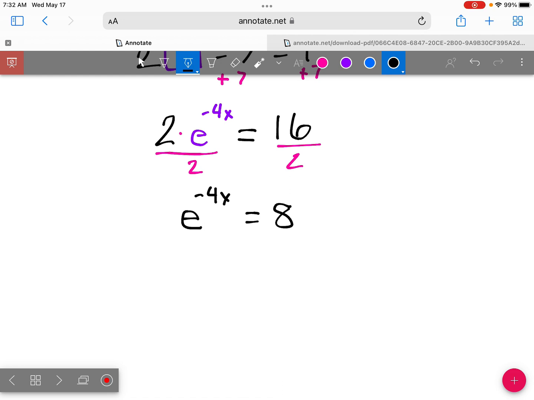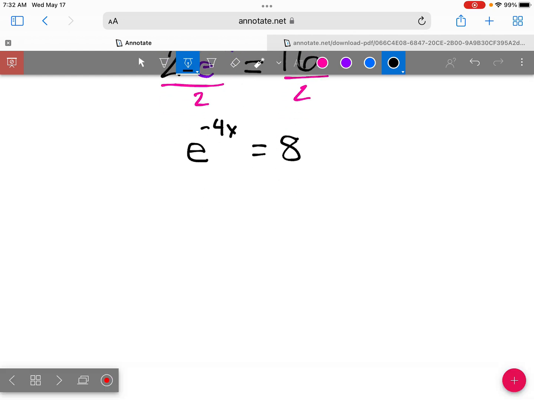And that's gross. We have an x in the exponent. To get our x out of the exponent, we use our switching into log stuff. So we're going to do our base, power, argument and switch it around.